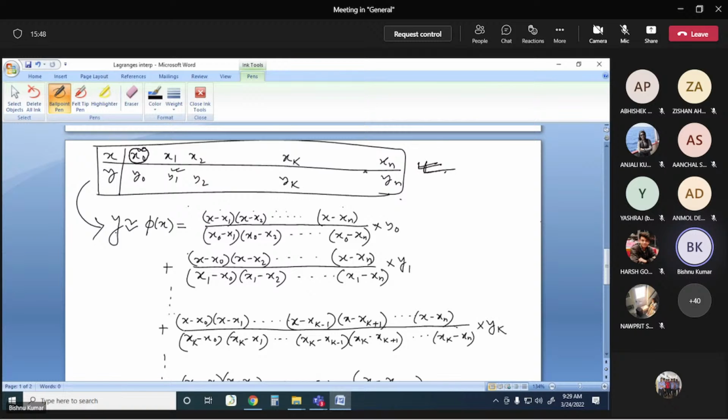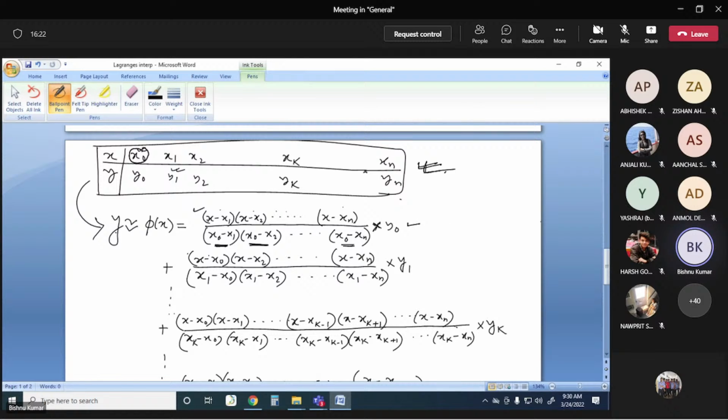So (x minus x1)(x minus x2)...(x minus xn). In the denominator, from x0 you subtract all the x values: (x0 minus x1)(x0 minus x2)...(x0 minus xn). So the numerator is the variable, and the denominator is a numerical value. In the data sets, it will be given to you, so after doing the calculation it will be reduced. And the associated first y value you have to multiply, and that is your first term.